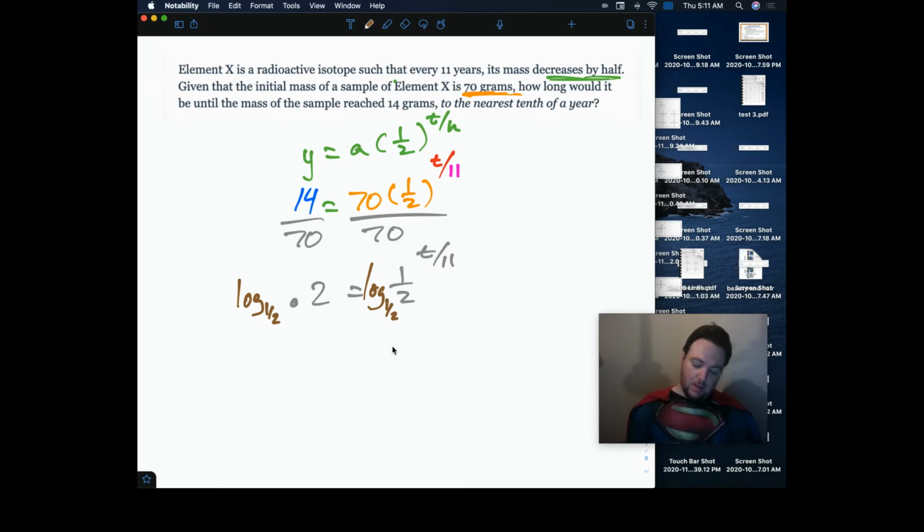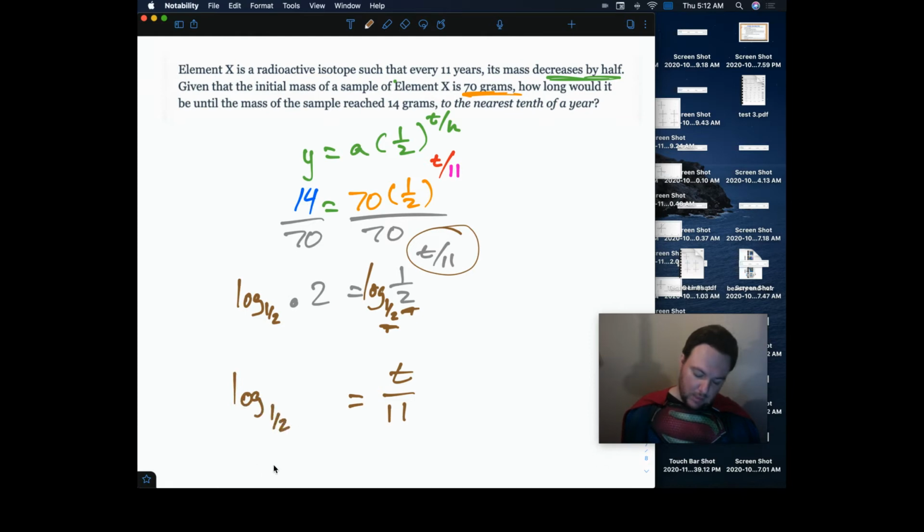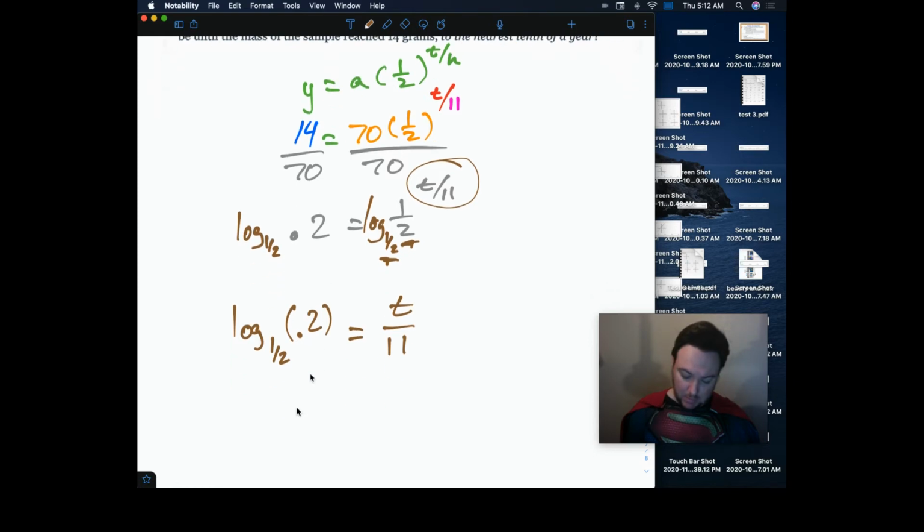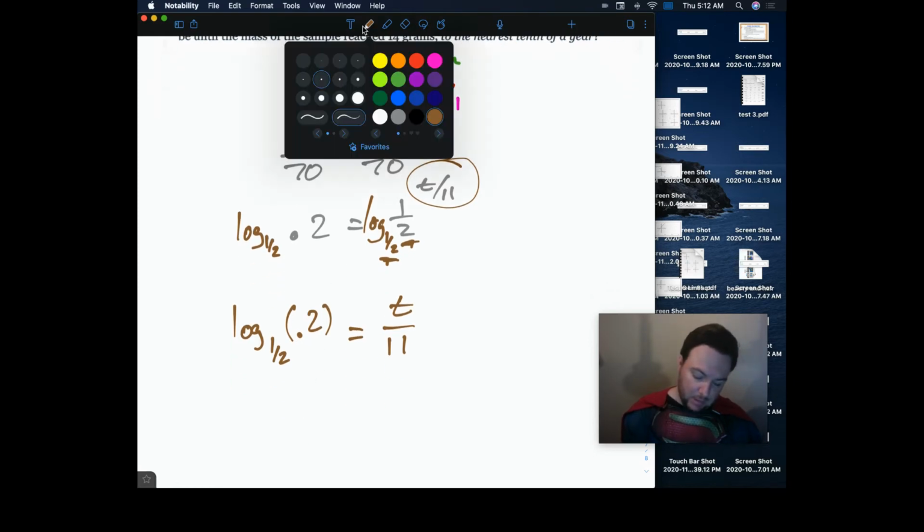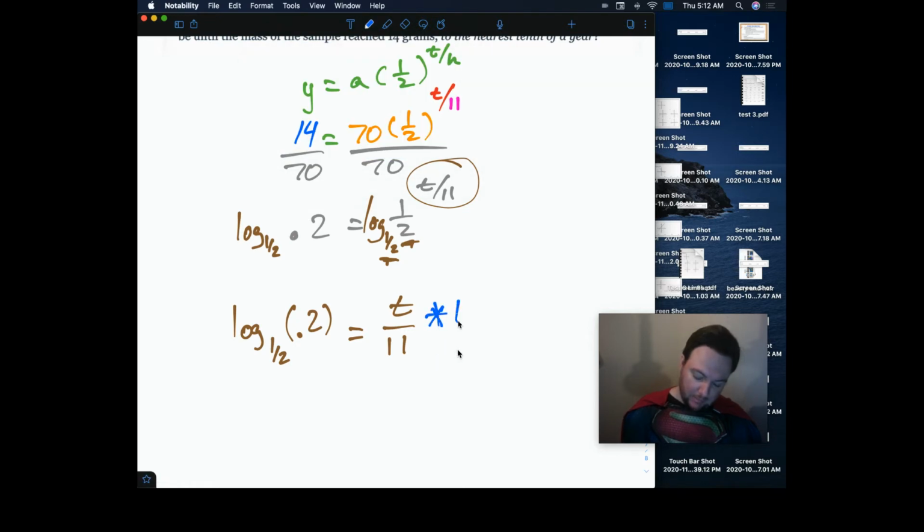The reason why I like to use log base 1/2, and you can look at their example, and if you want to use log base 10, which is just log, you can, is that when the base and the exponent's base match up, it's just the exponent. So it's t over 11 equals log base 1/2 of 0.2. Now log base 1/2 of 0.2, that's just a number. You're just going to have to type that into the calculator to see what it's equal to. We'll talk about how to do that in a sec. I'm now going to multiply by 11.